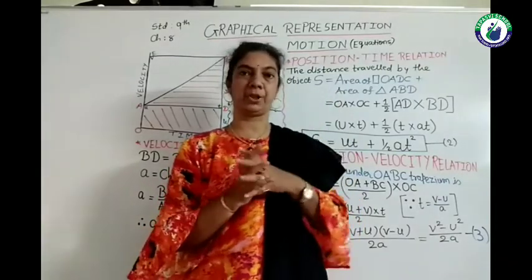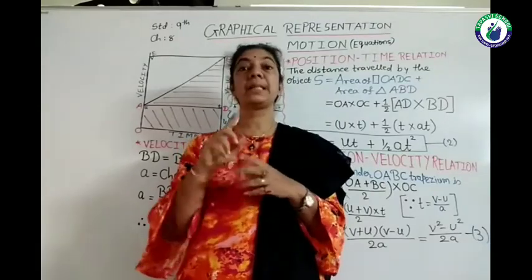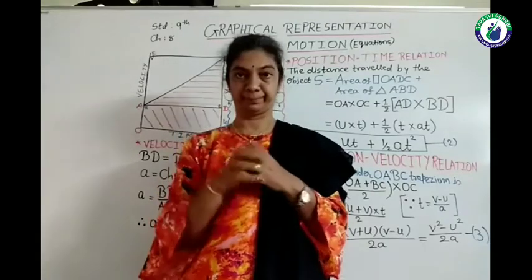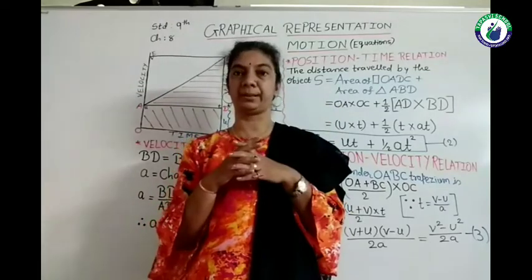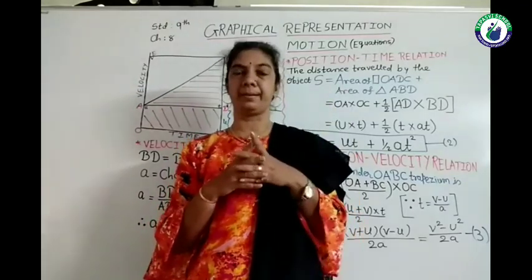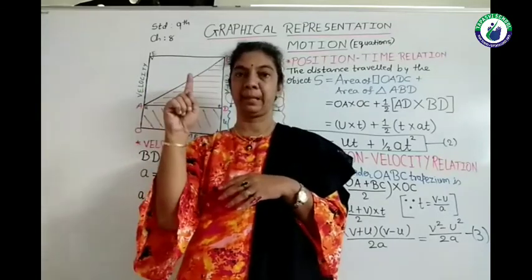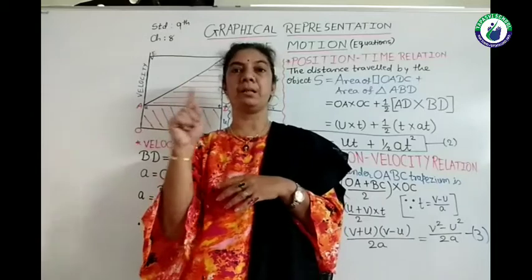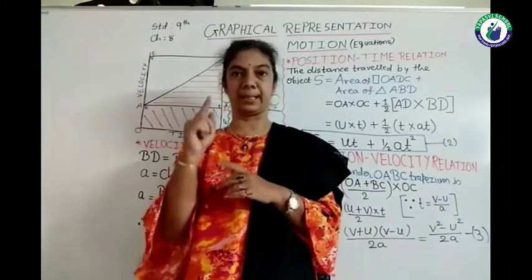Last topic in our chapter, that is uniform circular motion and the motion of the celestial objects. You can consider that as the path is circular, it will have the circumference of 2 pi r, that is the distance.